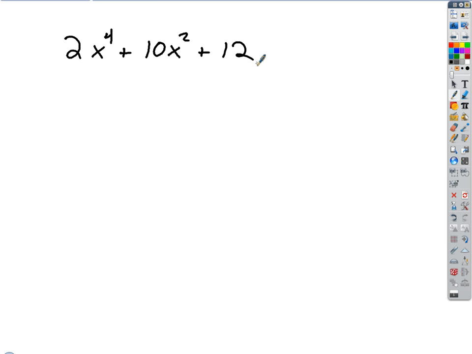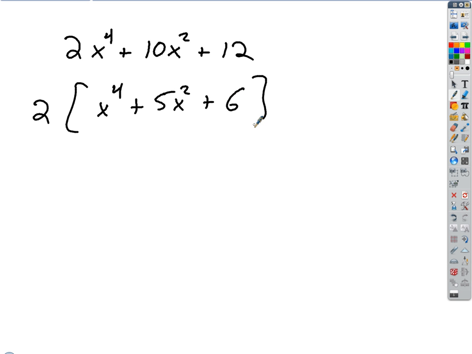Factor out a 2. Good. That's a great idea because then it takes us from the dreaded a not equaling 1 in a quadratic trinomial to a equaling 1, and that's a much, much easier proposition. So we take a 2 out, then we're left with x to the 4th plus 5x squared, good, plus 6.